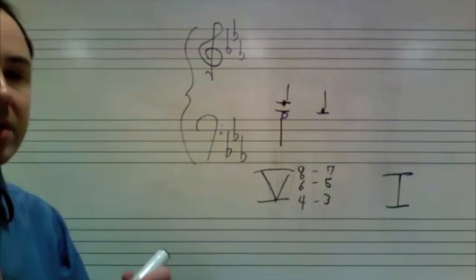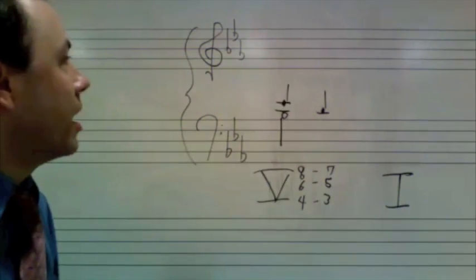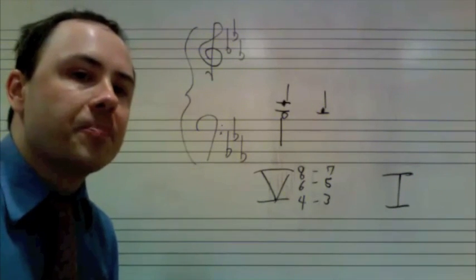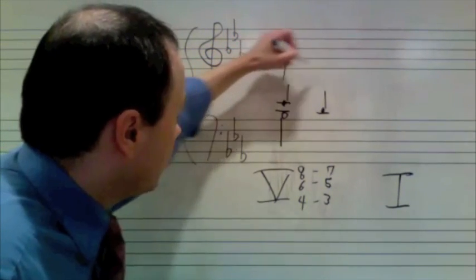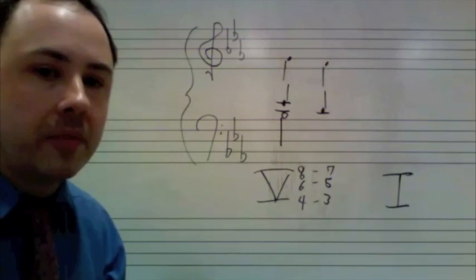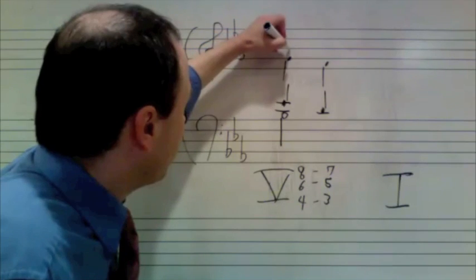E flat goes to D, that's the interval of a 4th to a 3rd. 6 to 5, what's the 6th above B flat? G. And F is a 5th. Now I'm going to have an octave, B flat, put that up here.